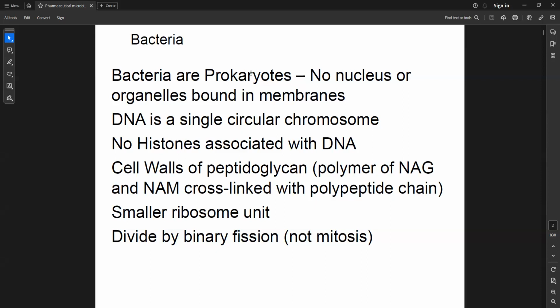Then cell walls are made of peptidoglycan, which is a polymer of NAG and NAM. Who remembers what NAG and NAM were? If you do, just add it to the chat. They are cross-linked with polypeptide chains. Then they contain smaller ribosome units, and they divide by binary fission, which is meiosis.